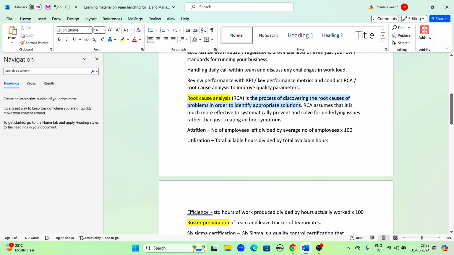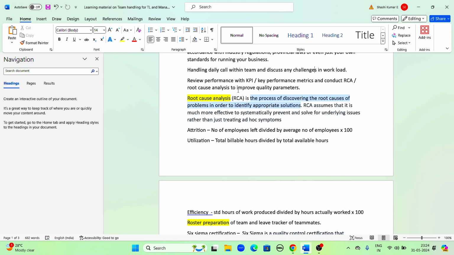Then review the performance. We have something called key performance indicators, KPI. And there is one more keyword which is called root cause analysis. We review the performance with the KPI metrics for the team, like the overall team score, and a root cause analysis is done to improve the quality parameters.